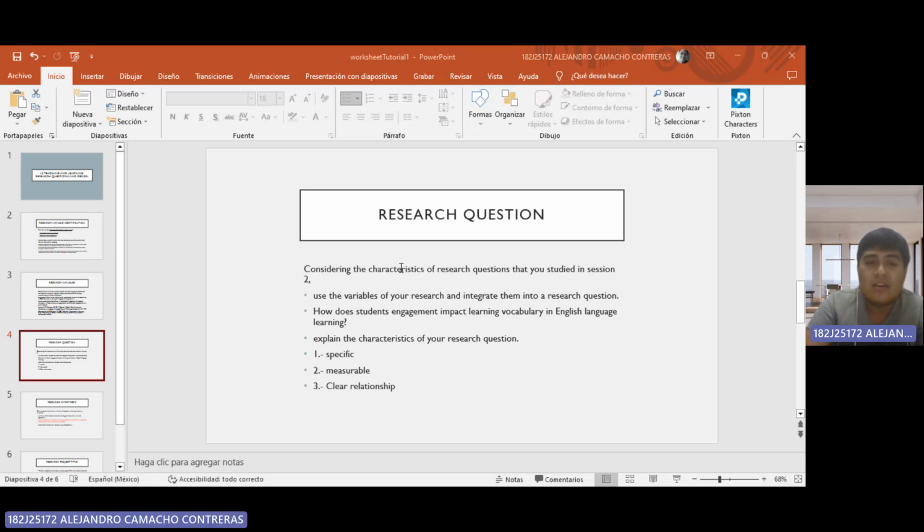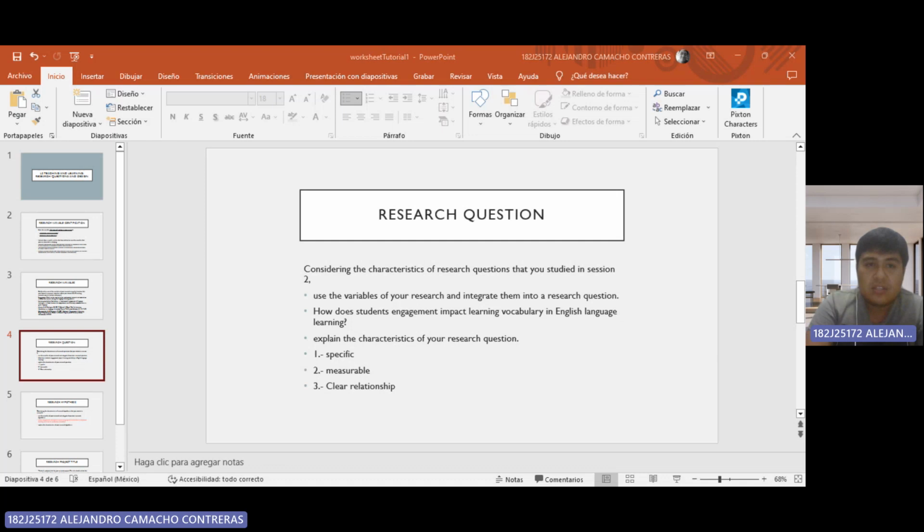The last one is the relationship. The research question explores the impact of student engagement on learning vocabulary.